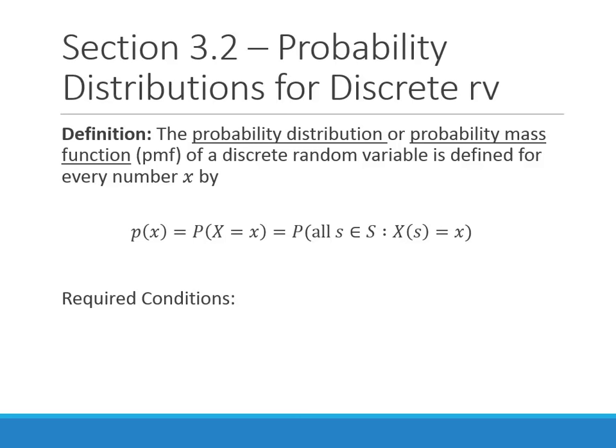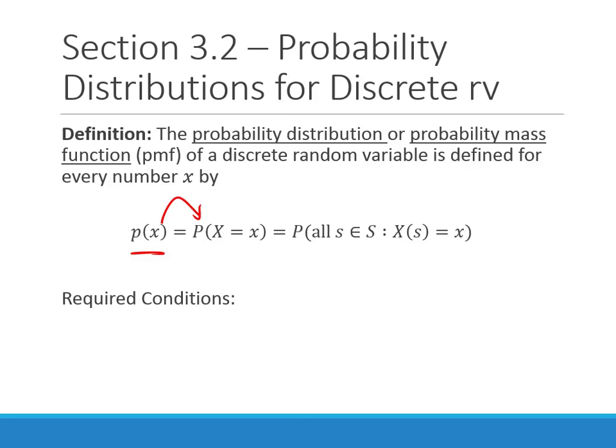So we're going to use this lowercase p of x, p of lowercase x, and all that tells us is that we have the probability that our random variable capital X is equal to some possible value lowercase x. And that's going to give us the probability of all outcomes in our sample space.